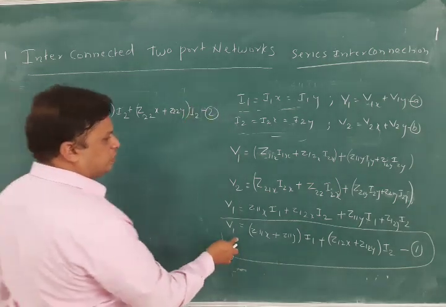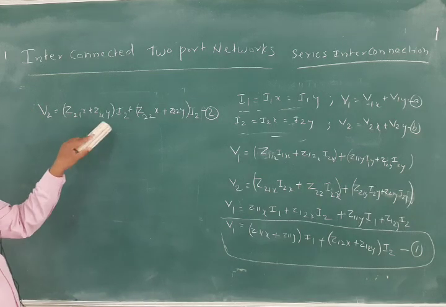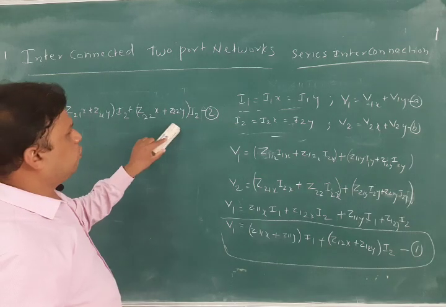So this is the first equation and this is the second equation. V2 is equal to Z21 of x plus Z21 of y into I1 plus Z22 of x plus Z22 of y into I2.